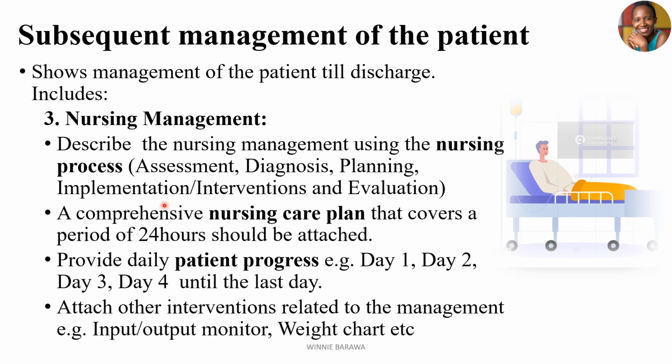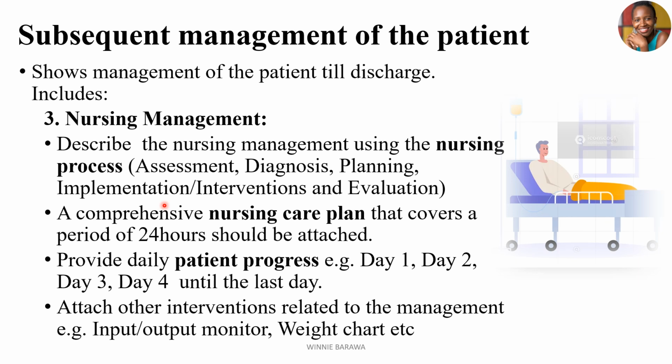We start with the assessment by stating the different cues and symptoms pertaining to this client. Then you provide the nursing diagnosis, and then do the planning stage, implementation, and then the evaluation.